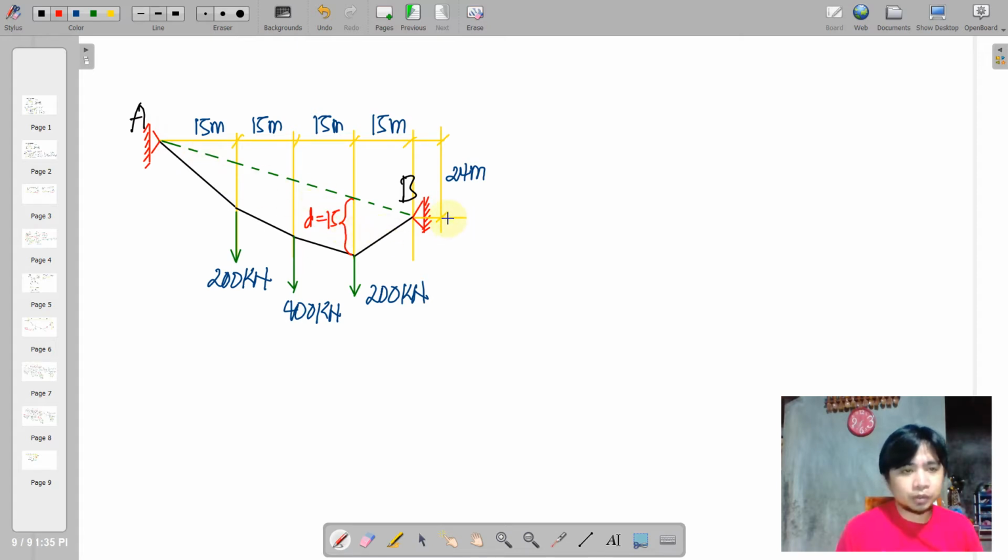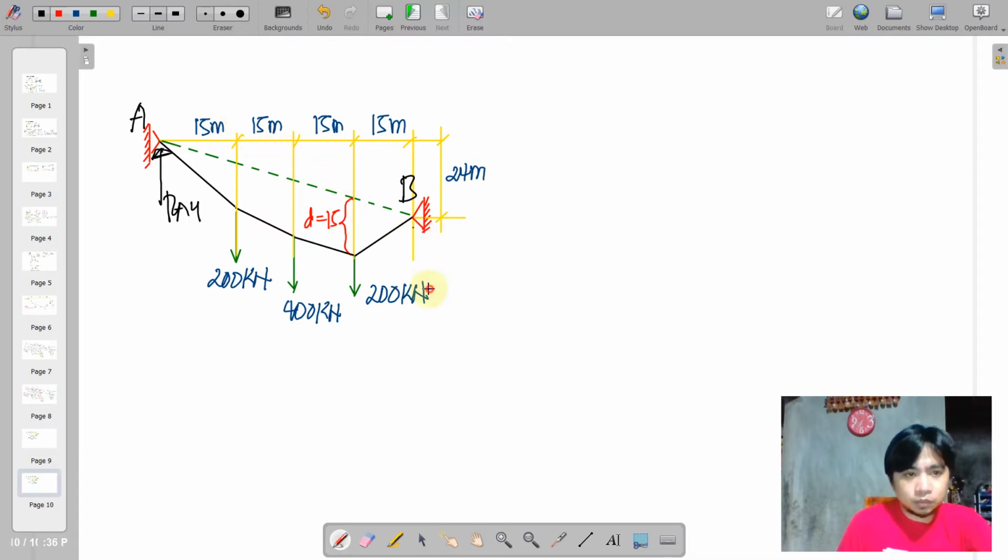So you know the approach. We have introduced the steps on how to do this. First, we will have a fictitious reaction here. We have RAY and this as RBY. Then the two horizontal reactions at both supports.